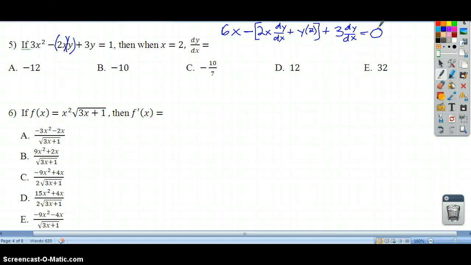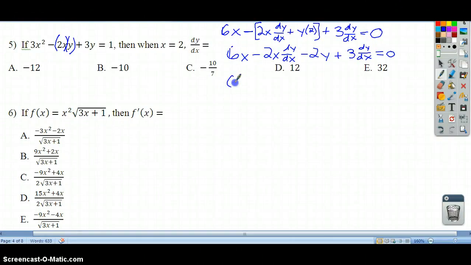Okay. So let's clean this up a little bit. We have 6x minus 2x dy/dx minus 2y plus 3 dy/dx equals 0. I'm going to move the pieces over.